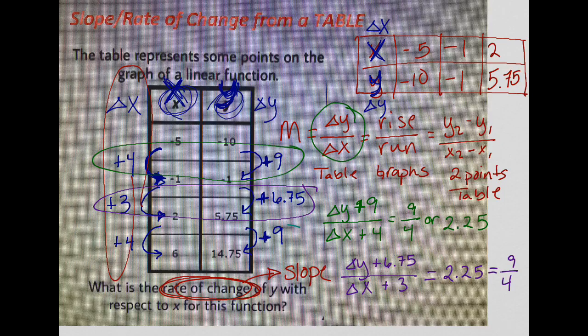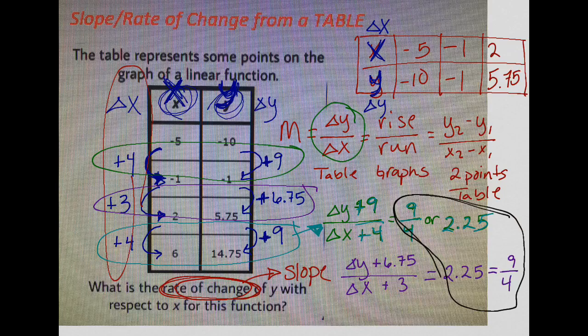And the third one is the same as the original, the first one we did, change of y of a positive 9 over change of x of positive 4. So that would give you that same answer of 9/4 or 2.25. Because the changes ended up being the same in all the cases, we know our slope is 2.25 or 9/4.